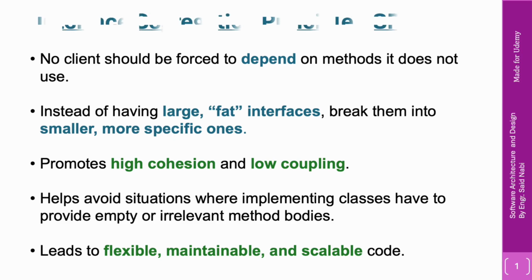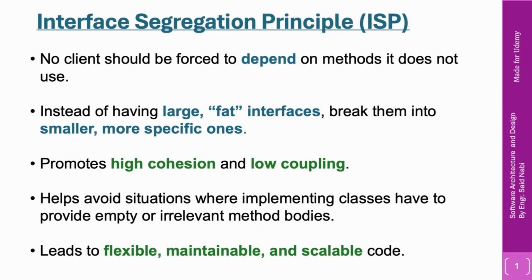Alright, now let's talk about the fourth design principle, and that is the interface segregation principle, which is also called ISP. This principle tells us that no client should be forced to depend on methods it does not use. For example, you have an interface, and in that interface you have defined a lot of methods, and the client is interested in only one method, and the rest of the methods are useless for the client.